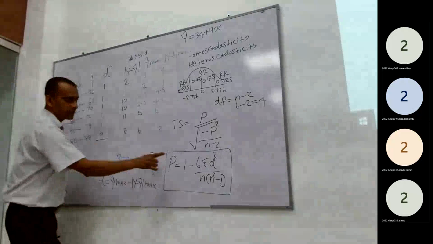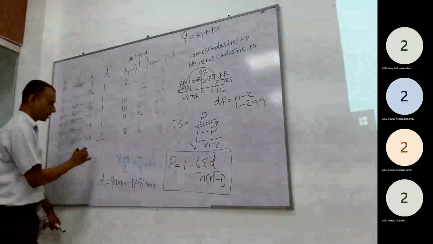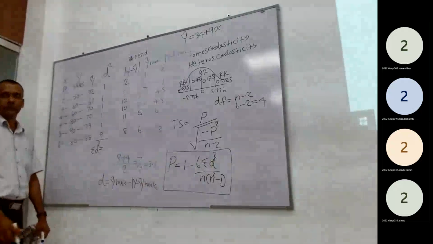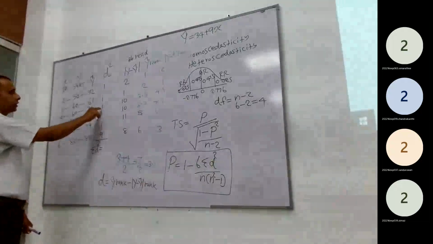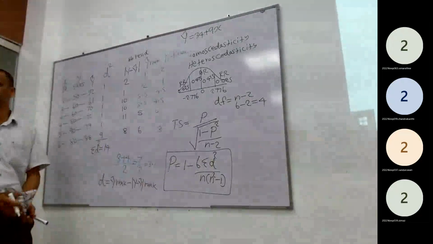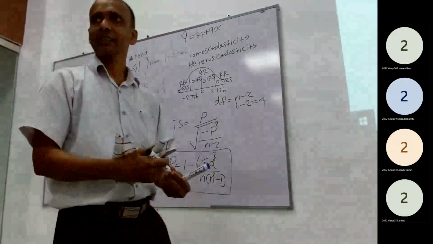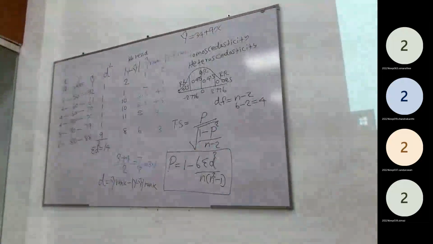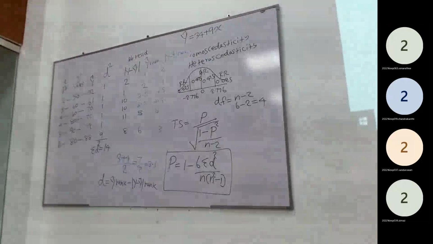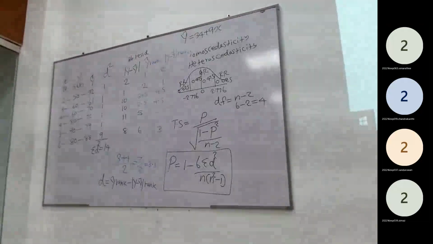Now take sigma d squared: 9, 10, 11, 12, 13, 14. The summation of the square of the rank difference is 14.